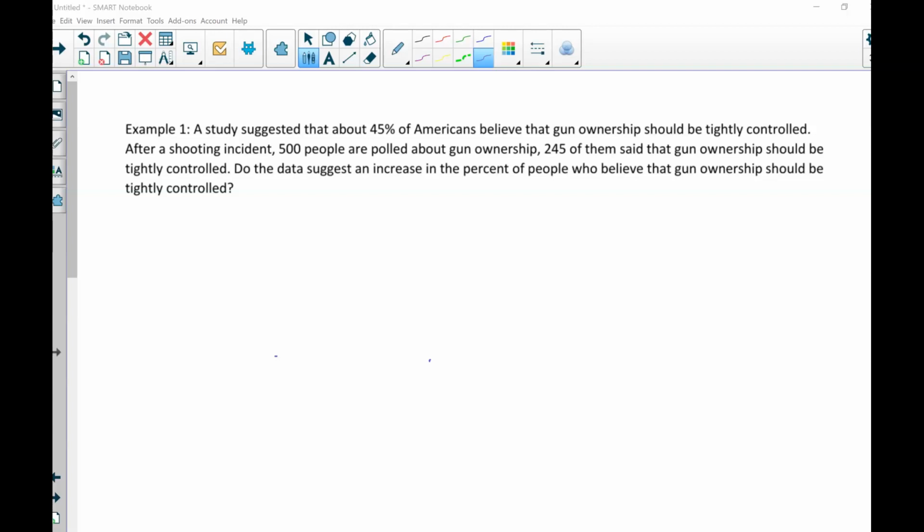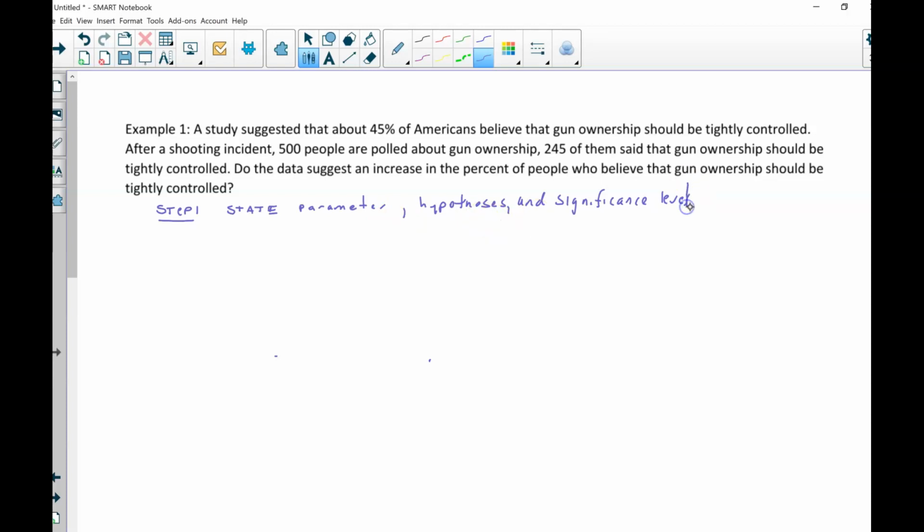This is categorical data because either people are going to respond yes, they believe it should be tightly controlled, or no. So we're going to perform a one proportion z-test. So the first step, we state the parameter, the hypotheses, and the significance level.